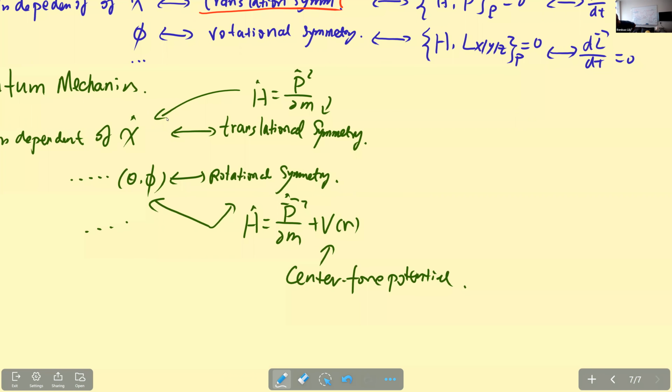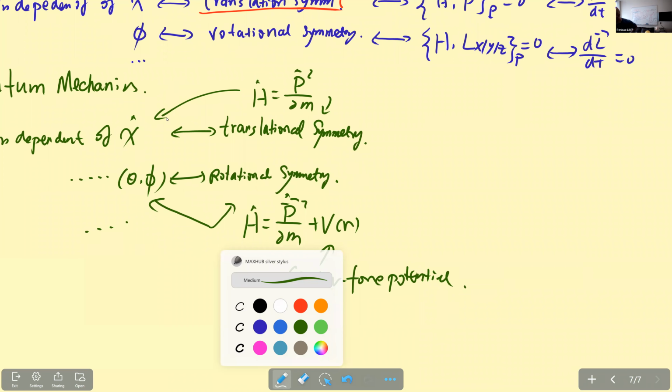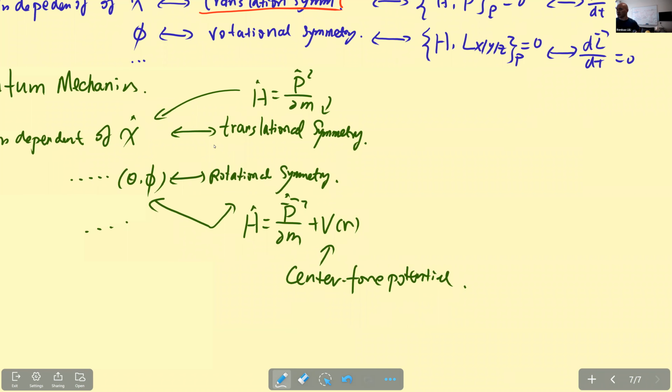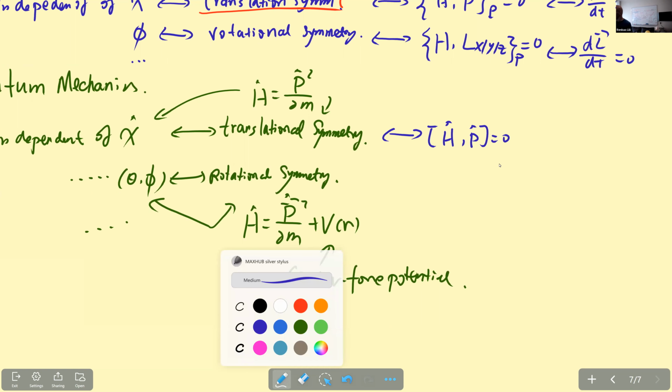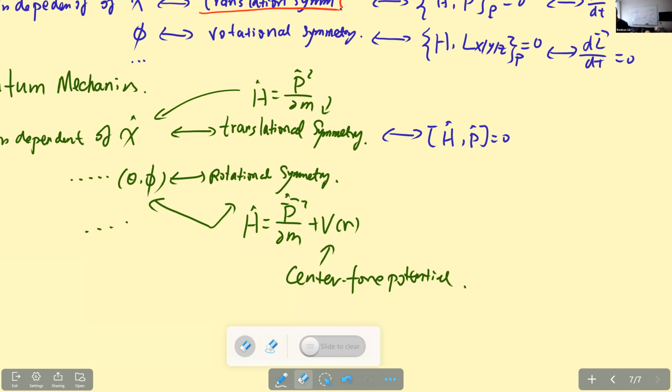And then you can see that because you have this translation symmetry, you find that the Hamiltonian and the momentum operator have a 0 commutator.